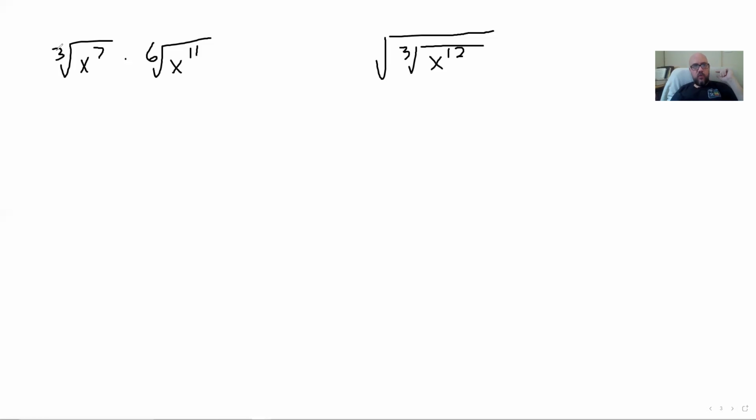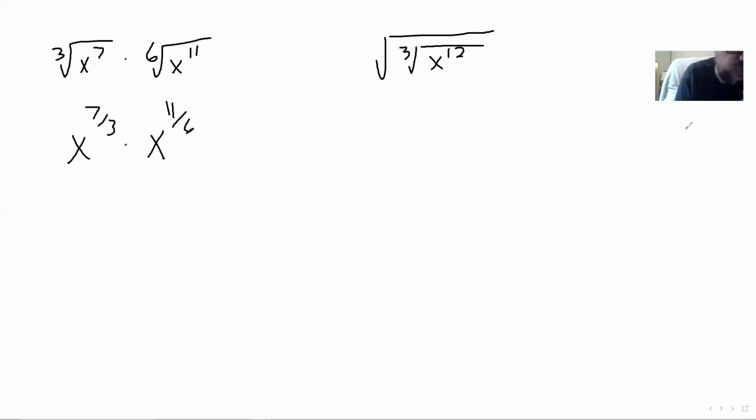If you have multiple radicals with different indices, they can be kind of hard to combine. If you leave these as radicals, it's not even clear how you would combine them. But with rational exponents, it's very easy. It just obeys the rules of exponents, so you turn them into exponents. So this is x to the 7/3 times x to the 11 over 6. When I have like bases that I'm multiplying, I add the exponents.